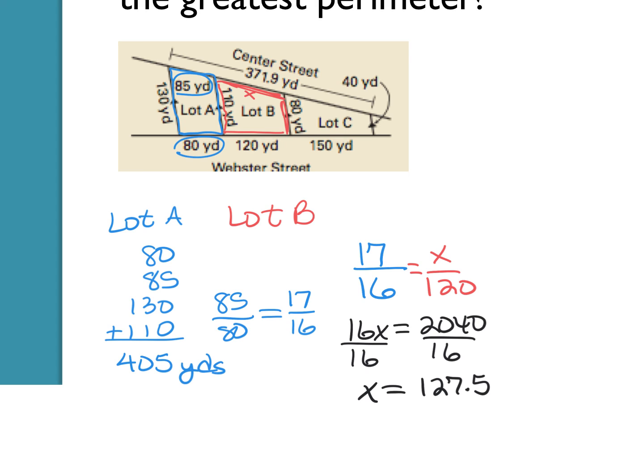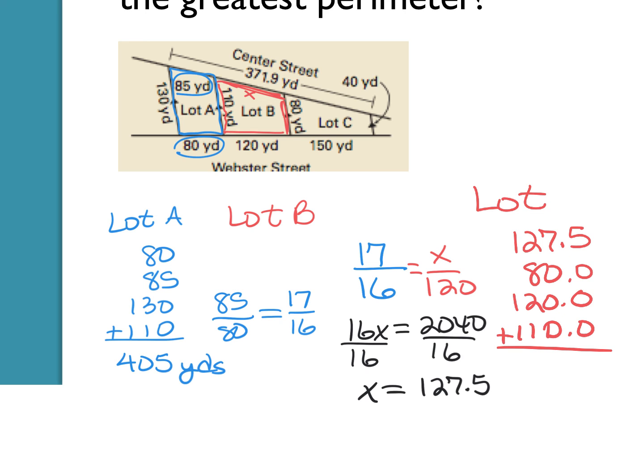So for lot B, to find its perimeter, I just found that one missing side, 127.5. I'm going to add it to the 80, the 120, and the 110. Once I add all of that up, I get 437.5 yards.